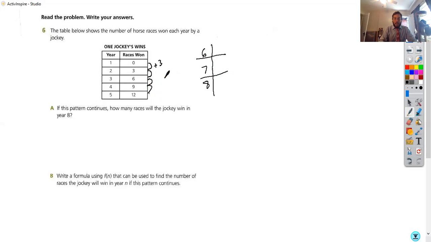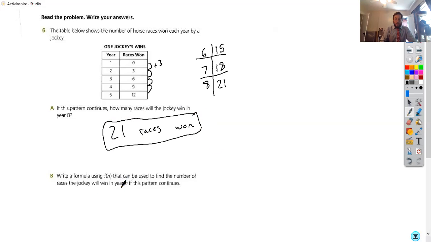To get year 6 wins, we take 12 plus 3, which is 15. To get year 7 wins, we take 15 plus 3, which is 18. And to get year 8 wins, we take 18 plus 3, which is 21. So in year 8, the jockey will win 21 races.